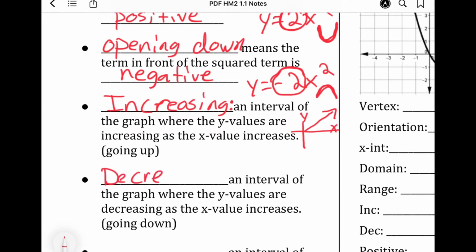For decreasing, this means an interval of the graph where the y values are decreasing as the x values are increasing. So again, here's your x-axis, here's your y-axis. As the y values go down, the x's are going up. So we would be going downward.